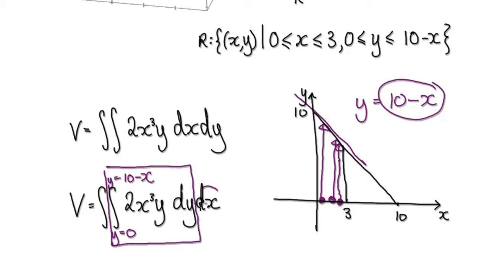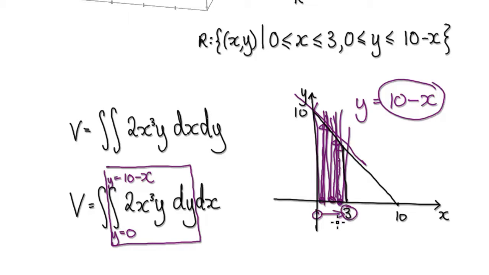Now looking at the outer integral, the outer integral will have to be bounded by a constant. So you're moving along like this, scanning all the way from 0 to 3.